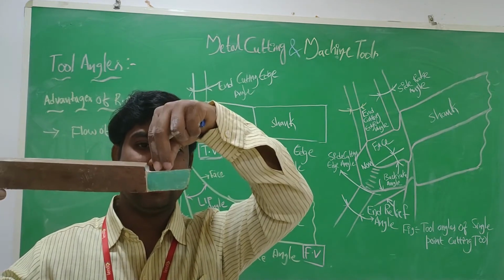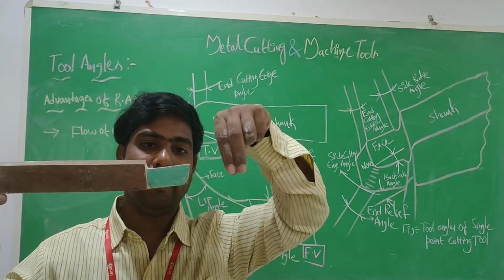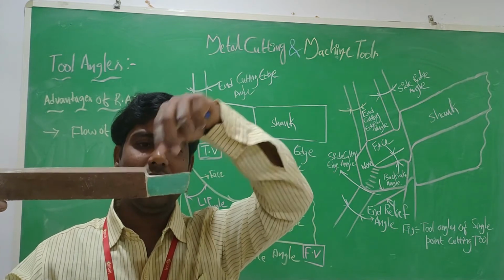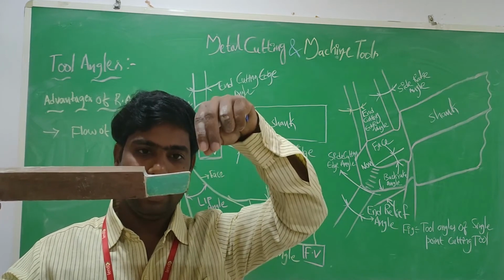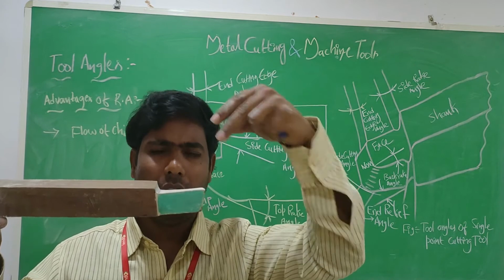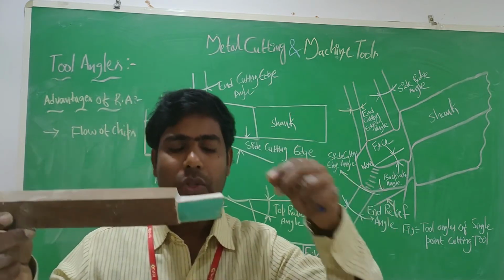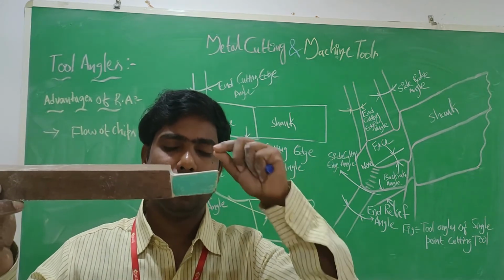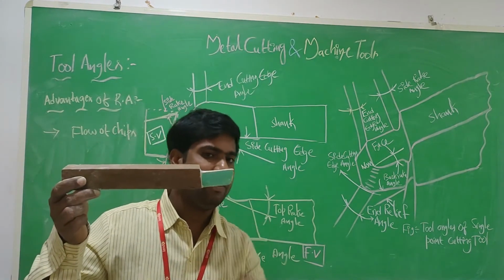When pressure increases, these chips also actively participate in machining operations, and the power consumption also increases. When power consumption increases, the surface finish does not come out properly. So these are the harmful effects if you are not maintaining a proper rake angle. Before making a cutting tool, you should maintain proper rake angles, especially back rake angle and side rake angle.